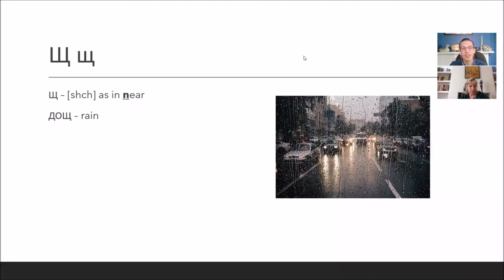So there is a letter sh, which combines sh and ch. For example, there is a word dość, which means rain. Dość is rain.